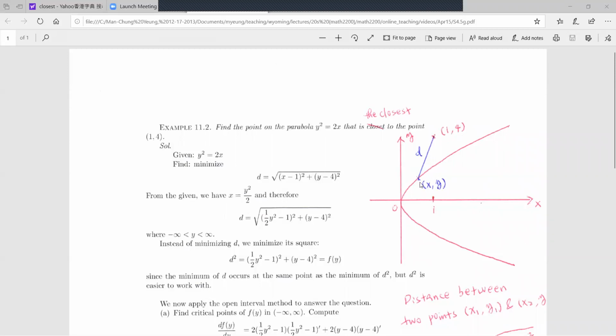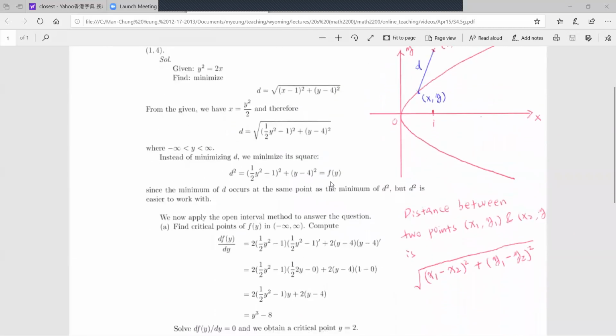I arbitrarily pick a point on the parabola and set its coordinates (x, y). Then the distance between this point and the given point is this by the distance formula. Now the question is how to find x and y so that the distance d is minimized.